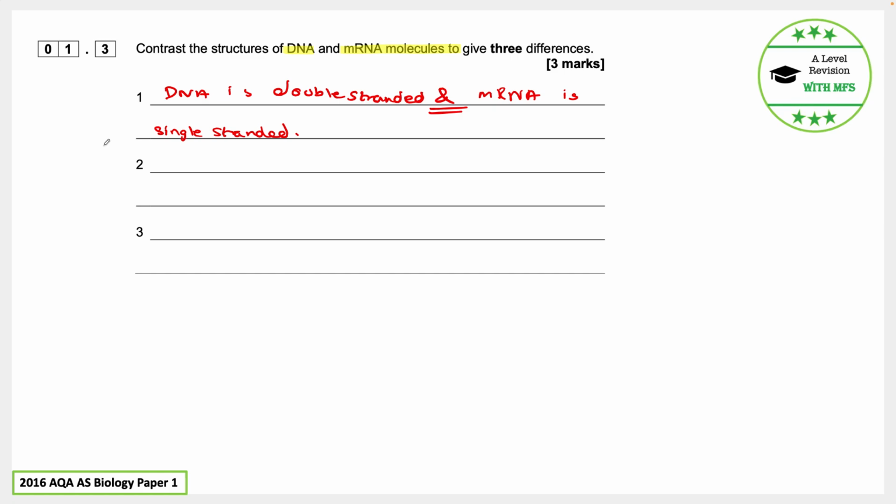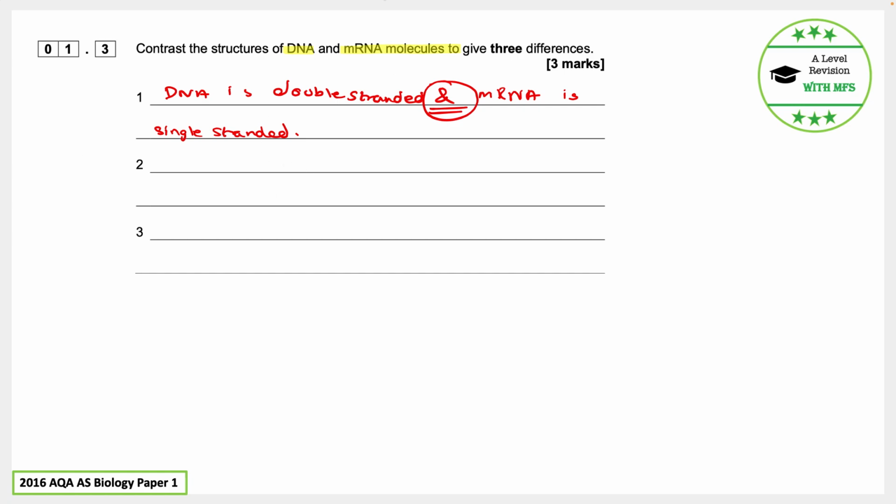Okay, whenever you are comparing or contrasting, you need this contrasting word. It could be and, it could be while, anything which contrasts the 2 properties. Okay, or else you won't get the mark.